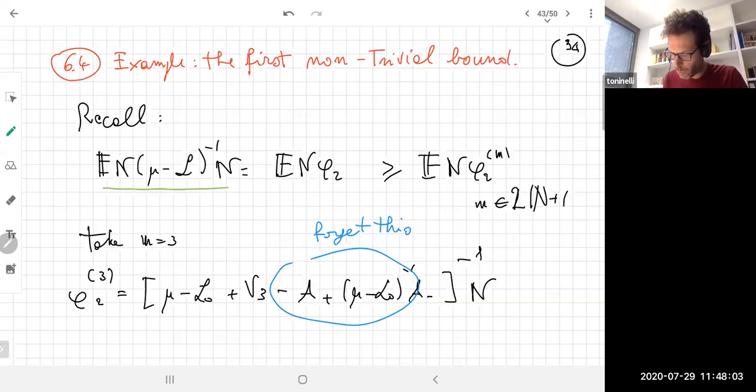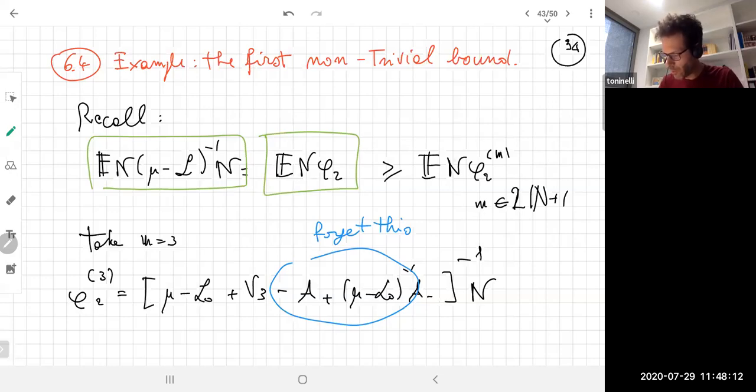What we want to study is this expectation, which equals the expectation of the nonlinearity times the truncated phi2. But we know this is larger or equal than the truncated problem if m is an odd number, as written here, and the first non-trivial bound we can get is by taking m to be 3.